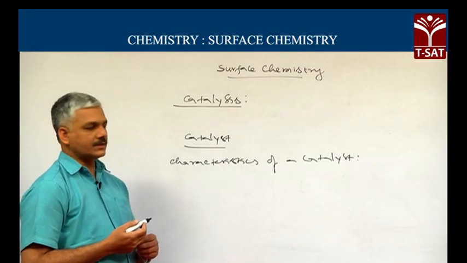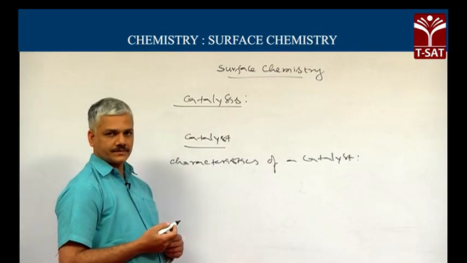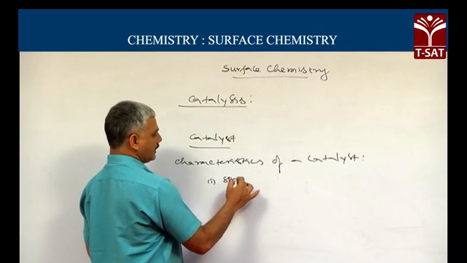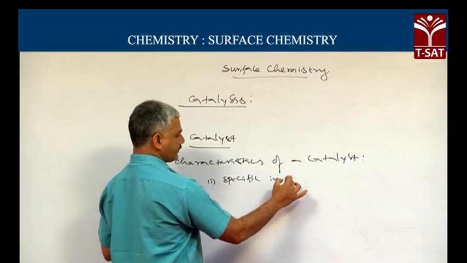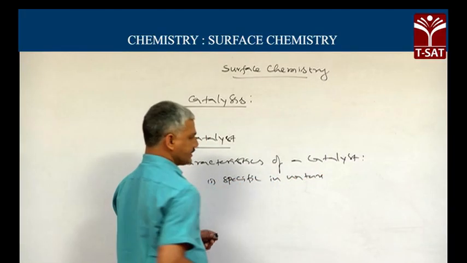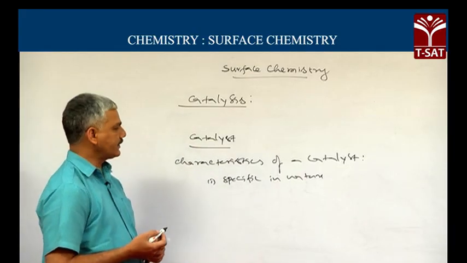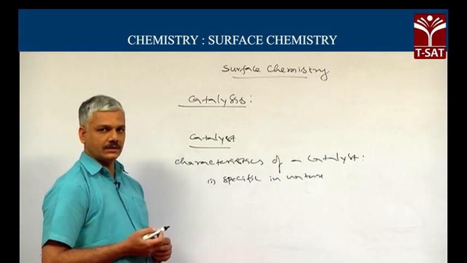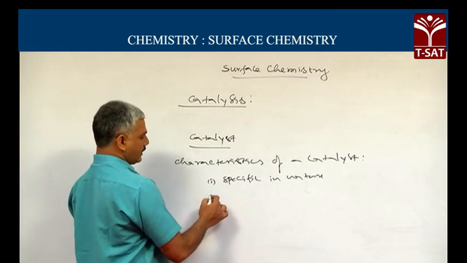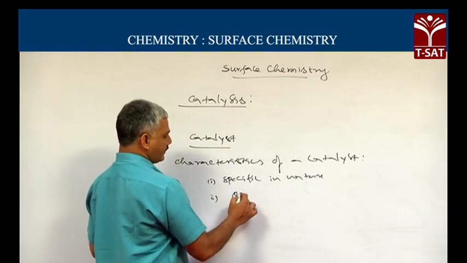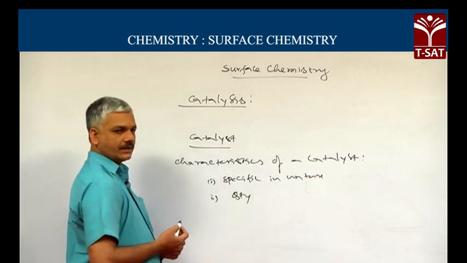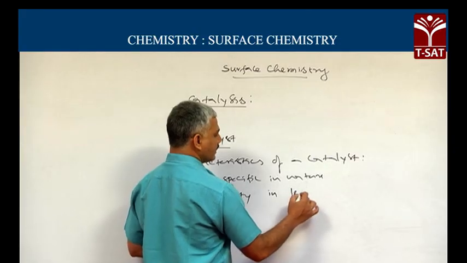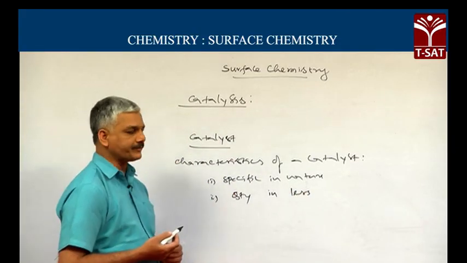The characteristic features of a catalyst. A catalyst is highly specific in nature. That means in most of the cases, one particular catalyst can catalyze only one particular reaction. The quantity of catalyst required for a particular reaction is always very minimal.